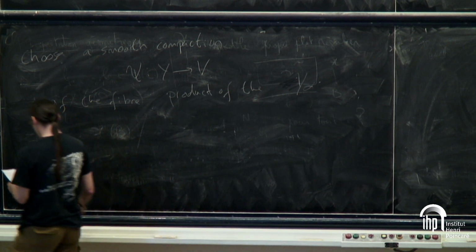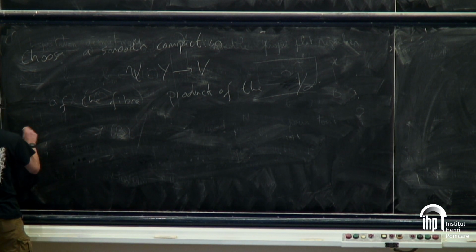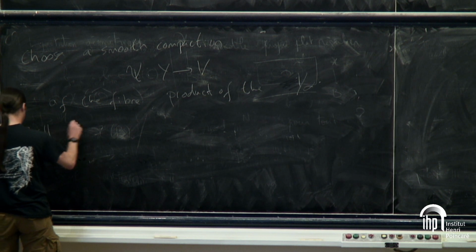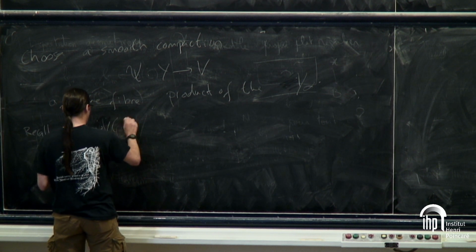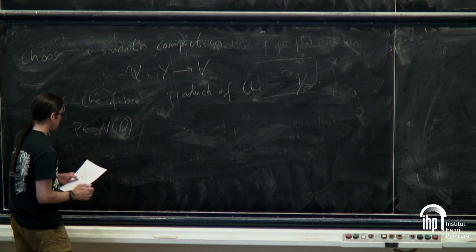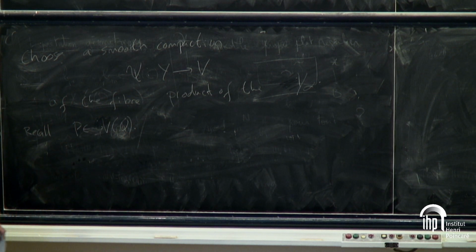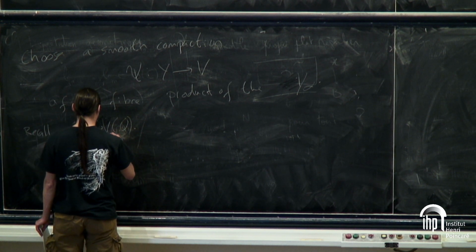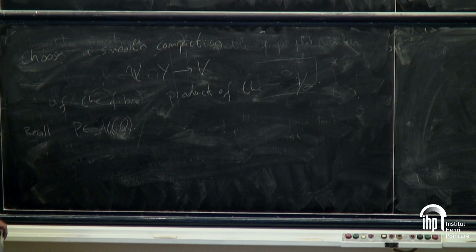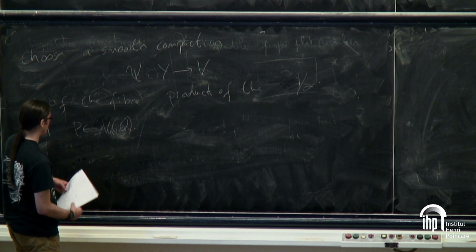Now it's a little bit more setup. Recall that I have some rational point P. Under my assumptions, Harpaz and Wittenberg not only showed that the Brauer-Manin obstruction is the only one to the Hasse principle, they also showed it's the only one to weak approximation. In particular, the rational points are Zariski dense, so I can choose my point, which lies in V_U, so that my Brauer group elements are well defined.